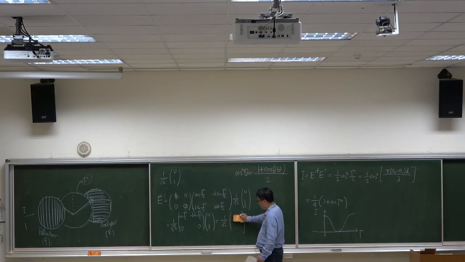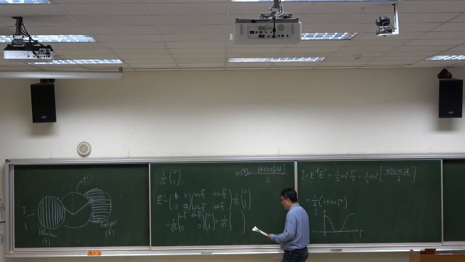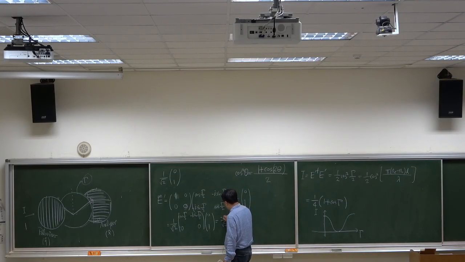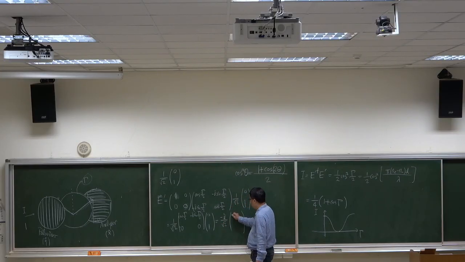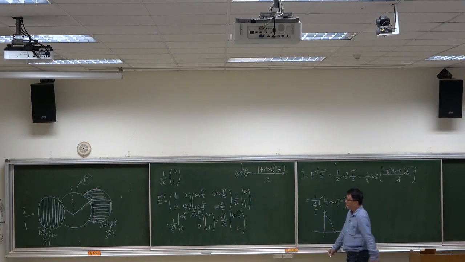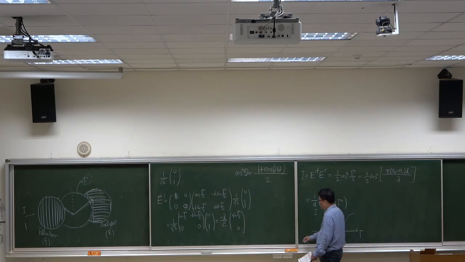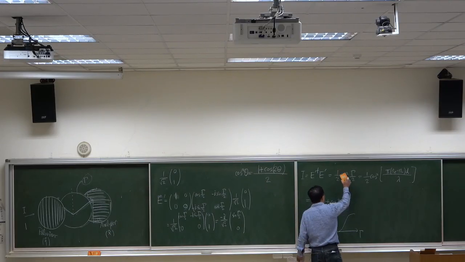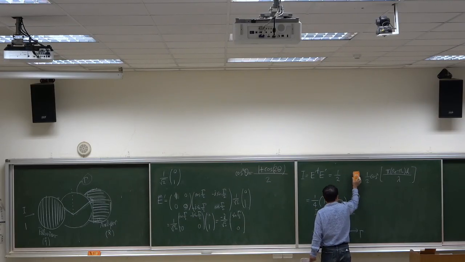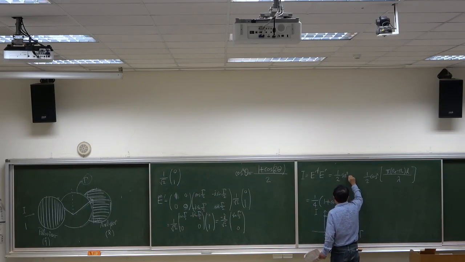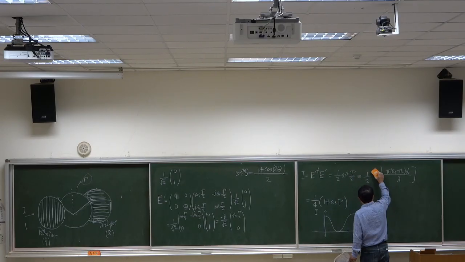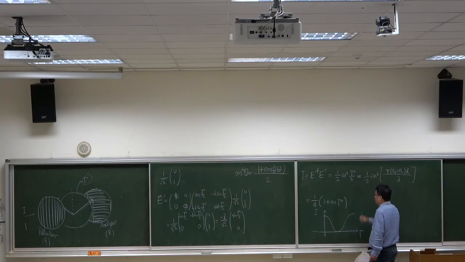And here we have minus I sine half gamma, 0. Okay, and this gives us one half sine square half gamma, which is 1/2 sine square, this one.